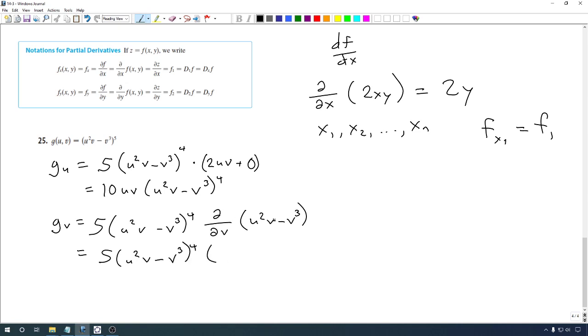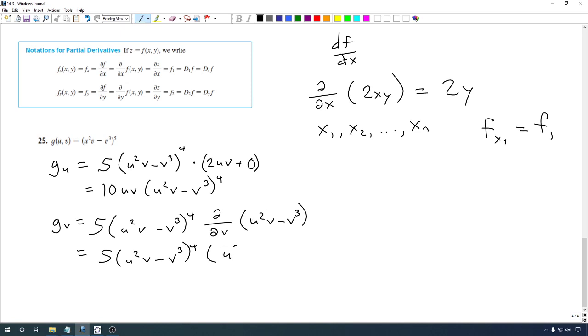Okay, so what's the derivative of this thing with respect to v? Well, keep in mind, u is being treated as a constant. And I'm going to keep saying that because you need to learn that. It needs to be driven right into your head that when we take partial derivatives, all we're doing is treating one of our variables as a constant. So the u squared is a constant. A constant times v, when we differentiate, we just get that constant.